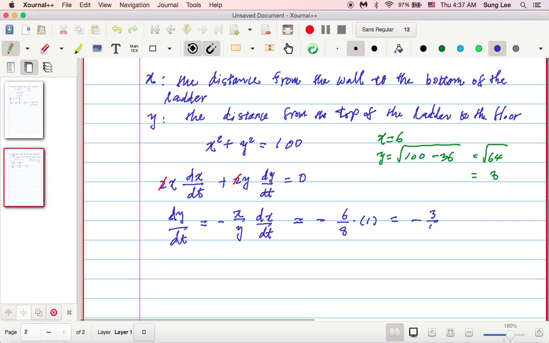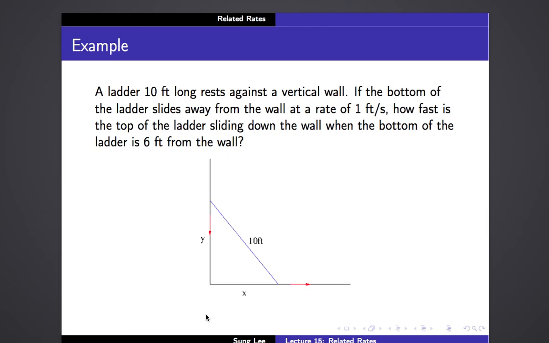Negative 3 over 4. The unit is feet per second, okay? So dy/dt is negative 3 over 4 feet per second. So that's the final answer. Okay, that's not bad.